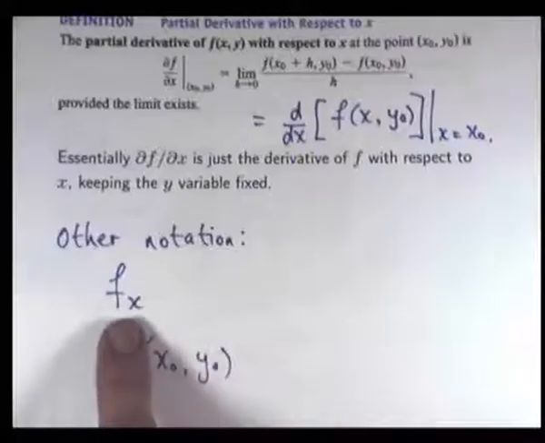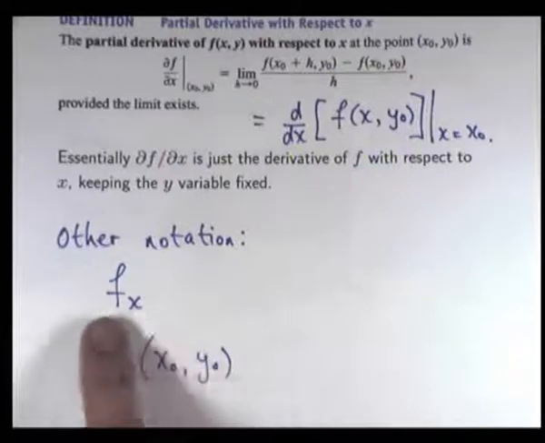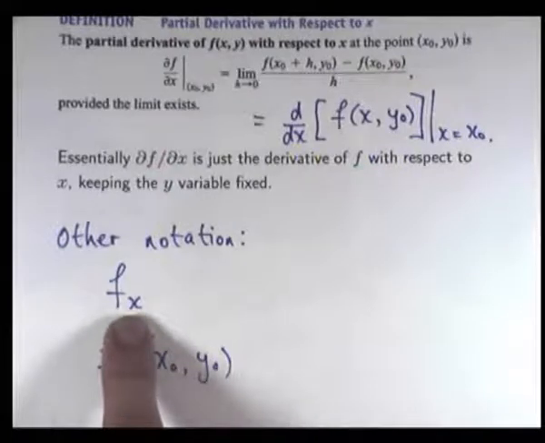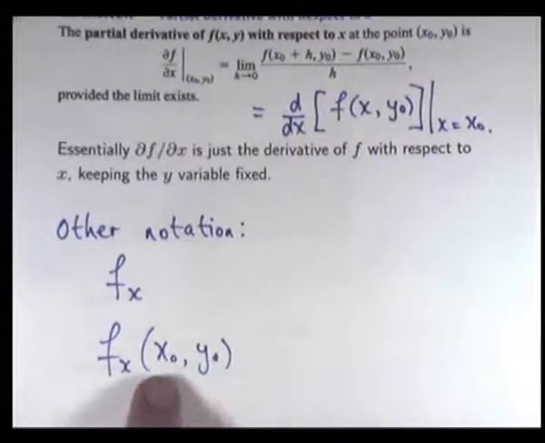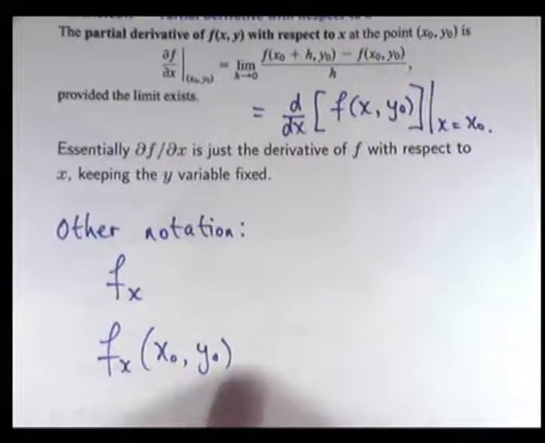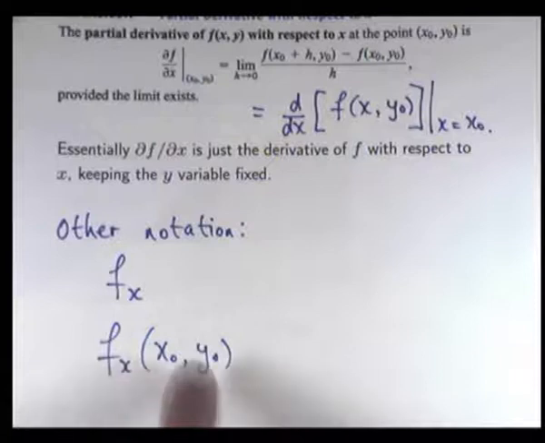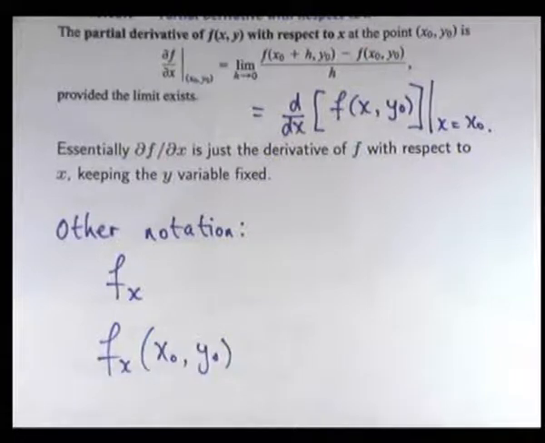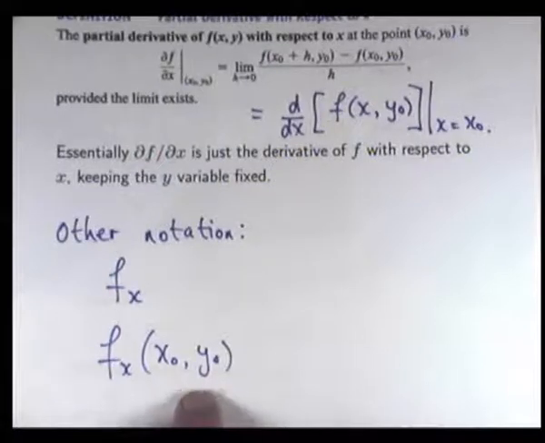Now there are a number of different notations for partial derivatives. Some people prefer to use the subscript, so f sub x means df dx with curly d's. And then f sub x evaluated at a point is just the partial derivative of f with respect to x at a given point, x0, y0.